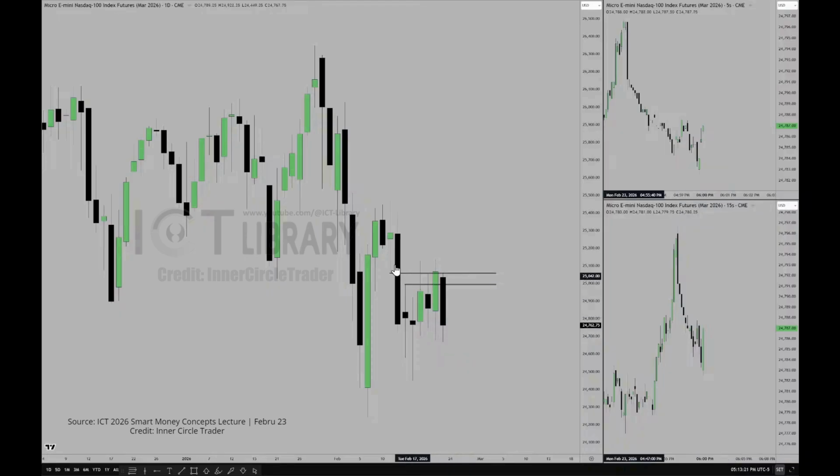So by having these levels here, inside days are either where today's high is lower than the previous day's high and today's low is higher than the previous day's low. That's the classic rendition of an inside day. I will look at this view of today's price action as an inside day because of the body. The body is inside of Friday's low to high.